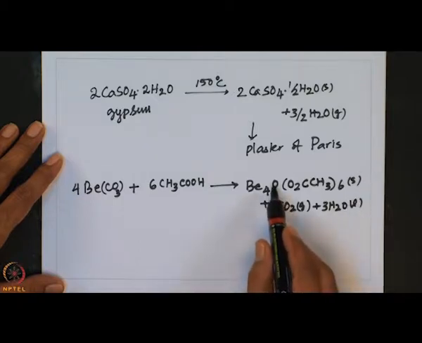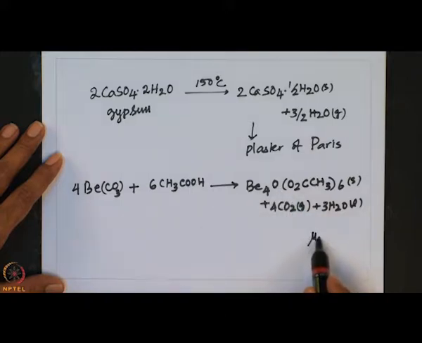So, in this one, when we write O, this should be written as mu 4 O.